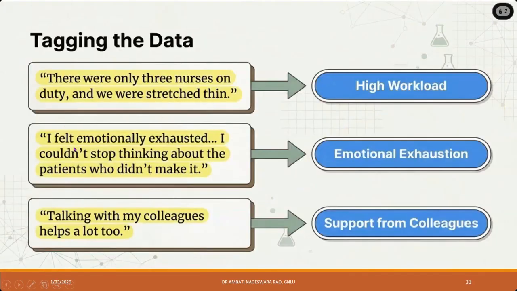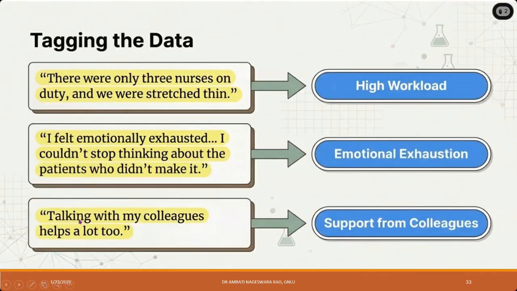After reading this sentence, I felt emotionally exhausted. I couldn't stop thinking about the patients who didn't make it. So what this researcher did, emotionally exhausted itself gives the sense. I don't need to invent a new code, a new label. I can take emotionally exhausted, it's justifying the sentence. So I came up with emotional exhaustion as a code for it.